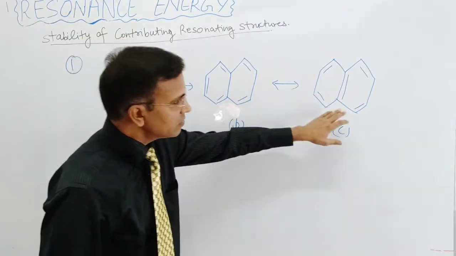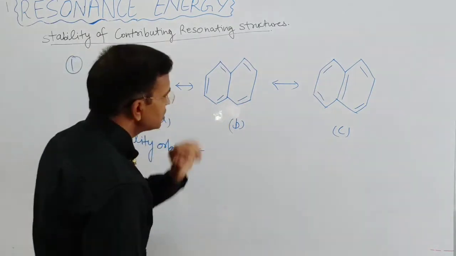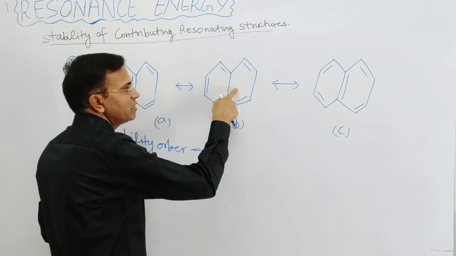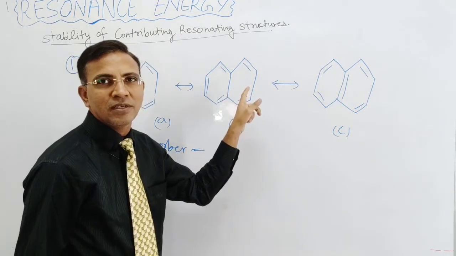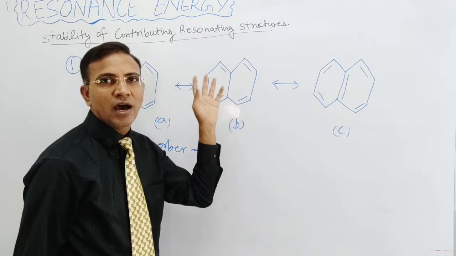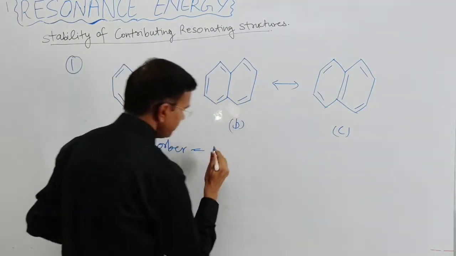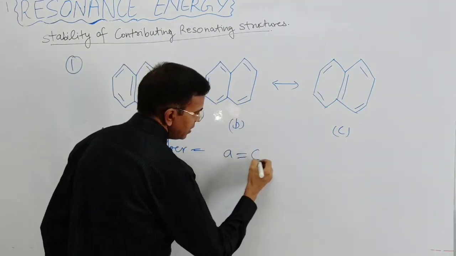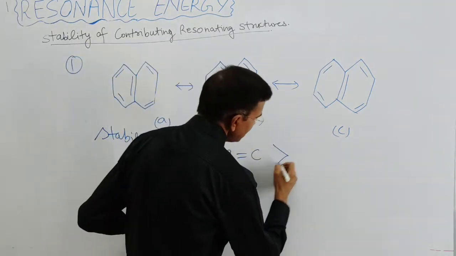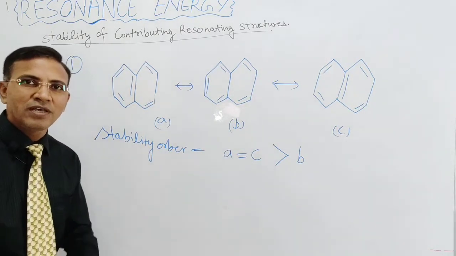So this also is like the A structure, but in the B structure the pi bond is not included in between the two rings. So the delocalization of pi electrons is less. That means A and C are equally stable, but B is less stable. Got it?